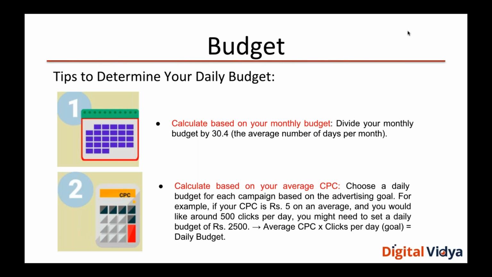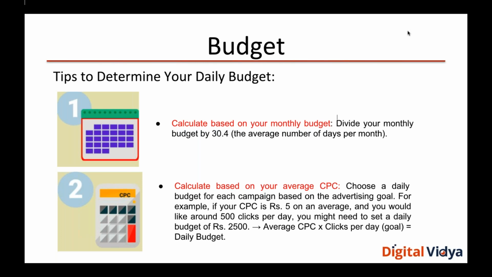I can repeat. So Robin, my ads have started running and I can see that on an average I'm getting my clicks at 5 rupee per click. This is the example. Now I have a certain sense of how many clicks I want in a month. I have a target. In that case, I can multiply the target that I have for myself with the average cost per click to allow that much budget to be present.